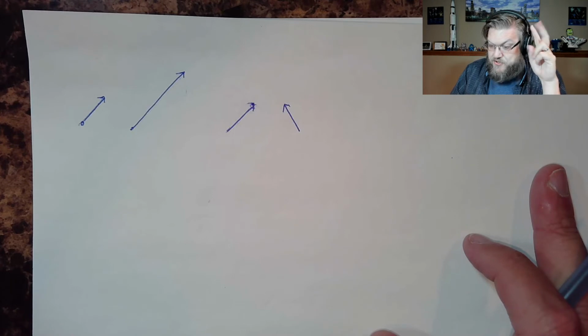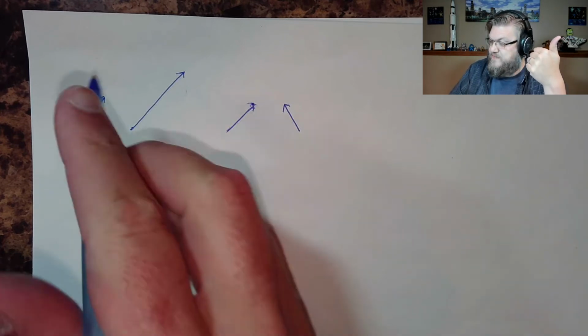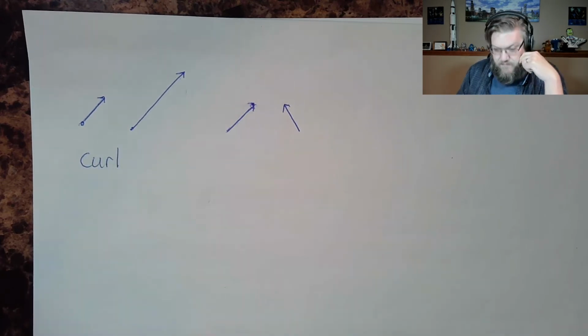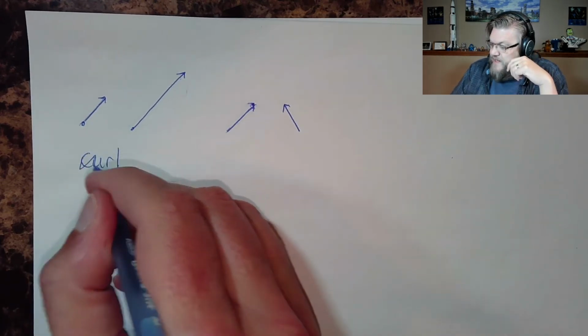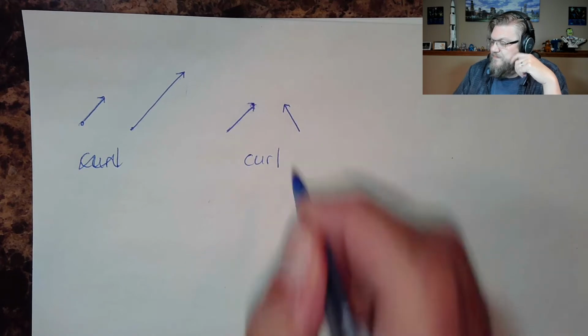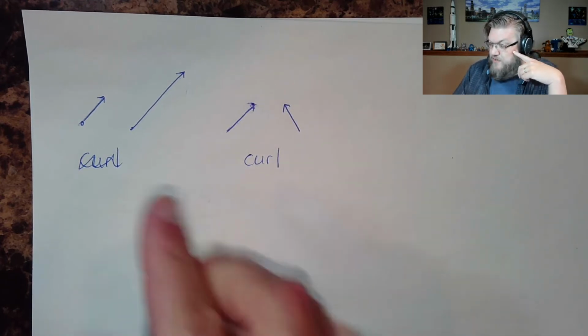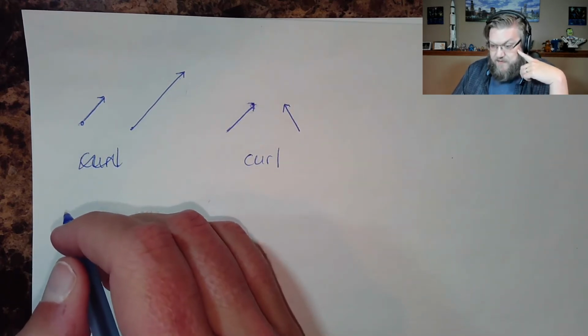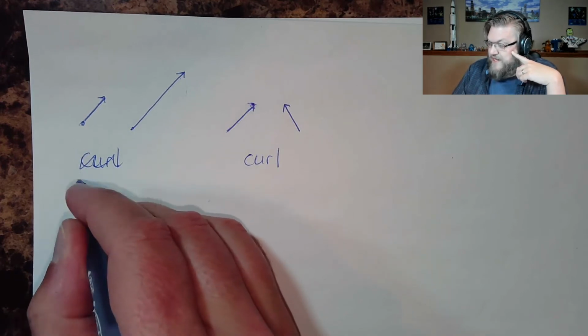But one derivative, if you will, of a vector field is called a curl. C-U-R-L, a curl. Let me write it under here because this one represents curl. And the other type of derivative thing that we can calculate is called divergence.